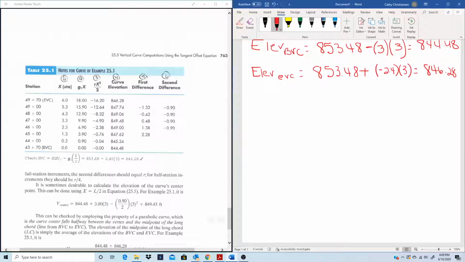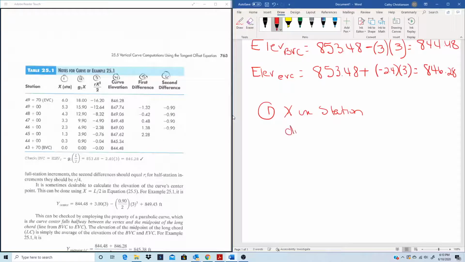Then the next column you always want to write in is X, and that's in stations. X is always the distance from the station that you're wanting the elevation back to the beginning vertical curve. So for example, the 44, I'm going to put a 1 here. So column 1 is always X in stations.